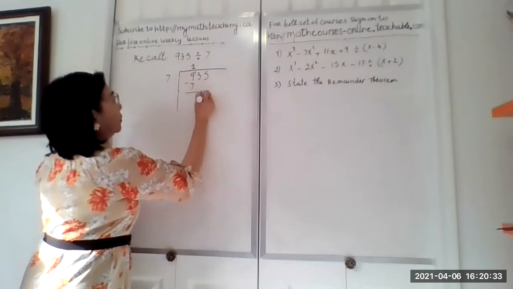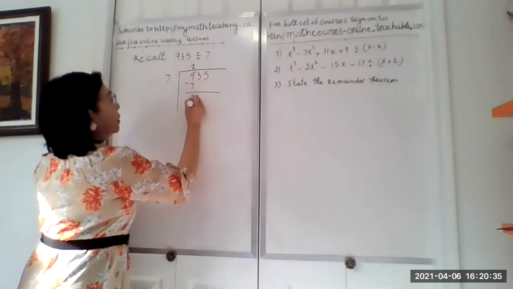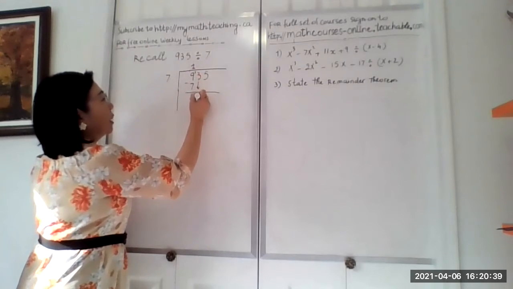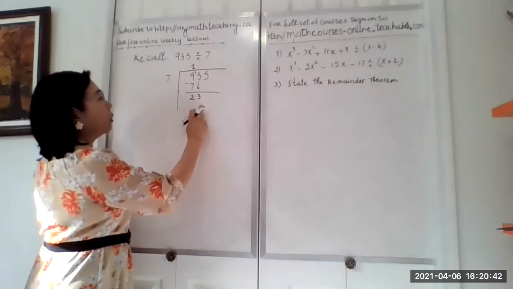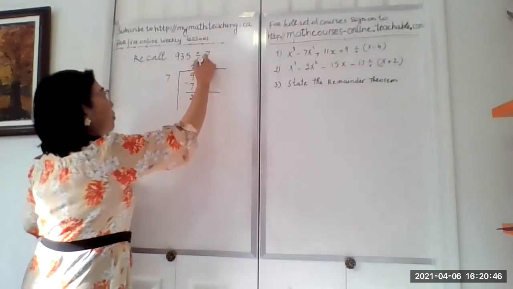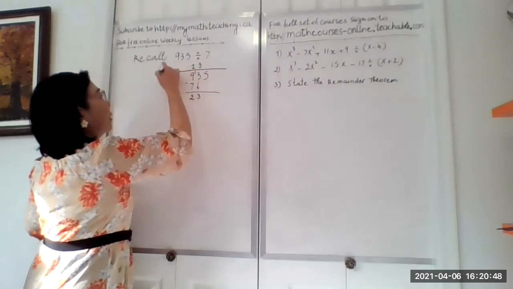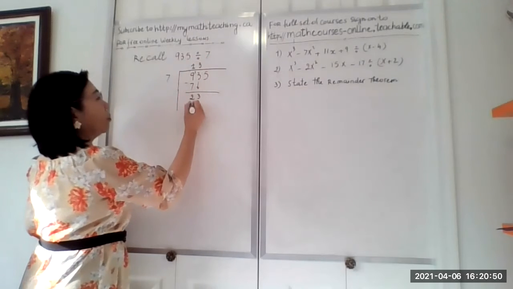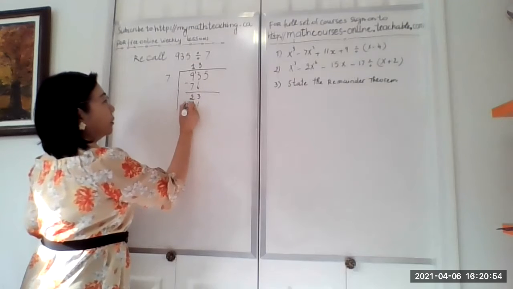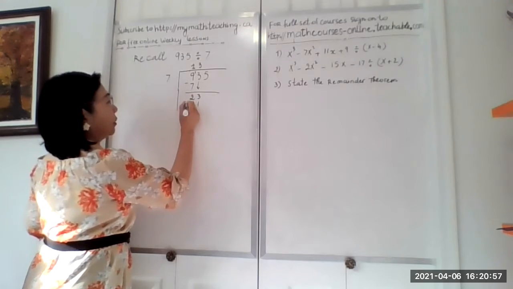We subtract: 9 minus 7 gives us 2. We bring down the 3, and now we have 23 divided by 7. That equals 3, because 3 times 7 equals 21, the closest number we can get up to 23.